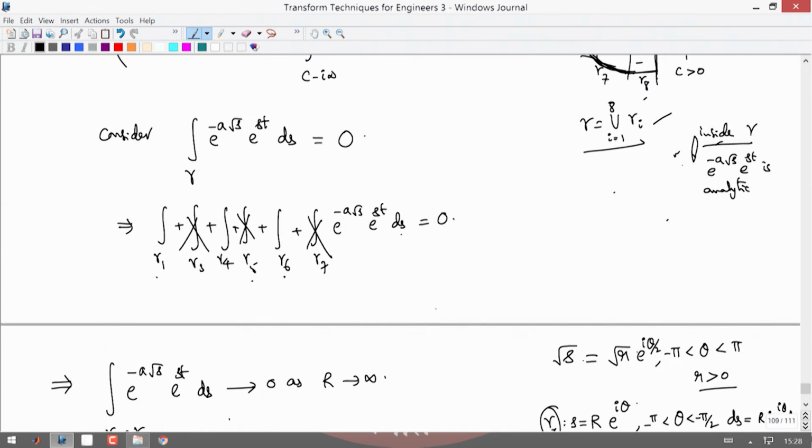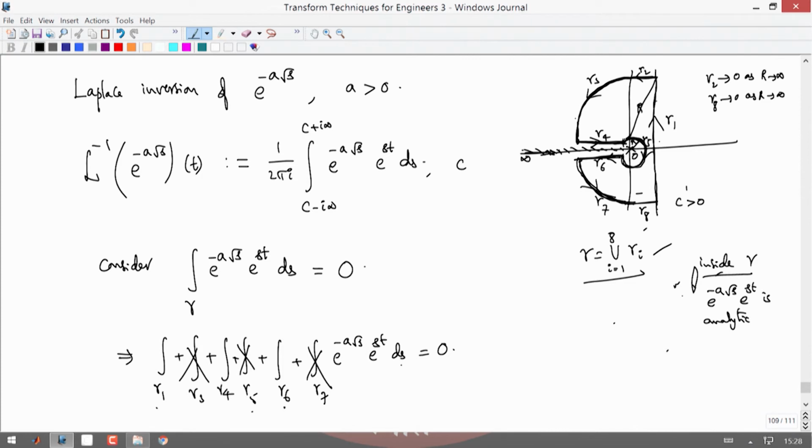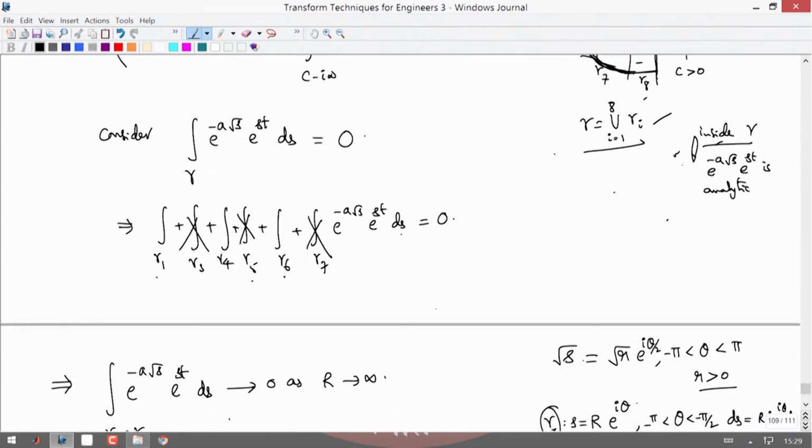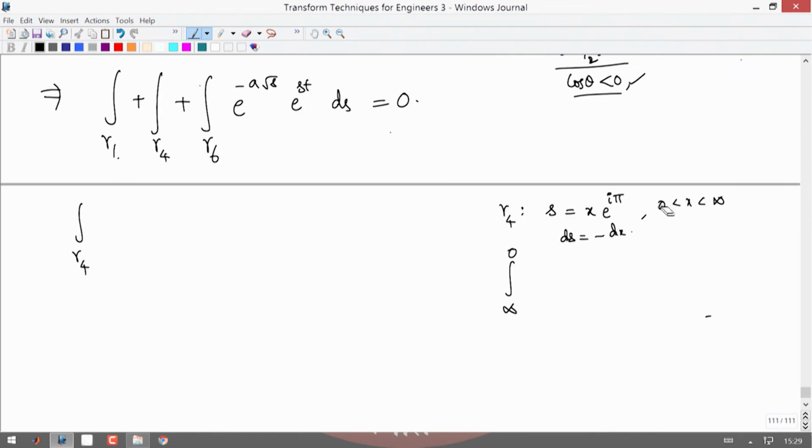Actually you do not write those limits; this is small r, and this is capital R. So, strictly speaking this is between small r and capital R. So, the integral over gamma 4 of the function e power minus a root s times e power s t ds is equal to the integral from R to r of e power minus a times root x times e power i pi by 2.